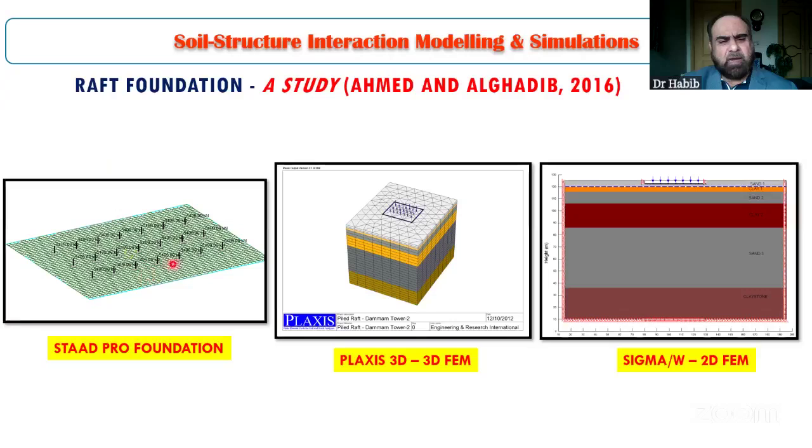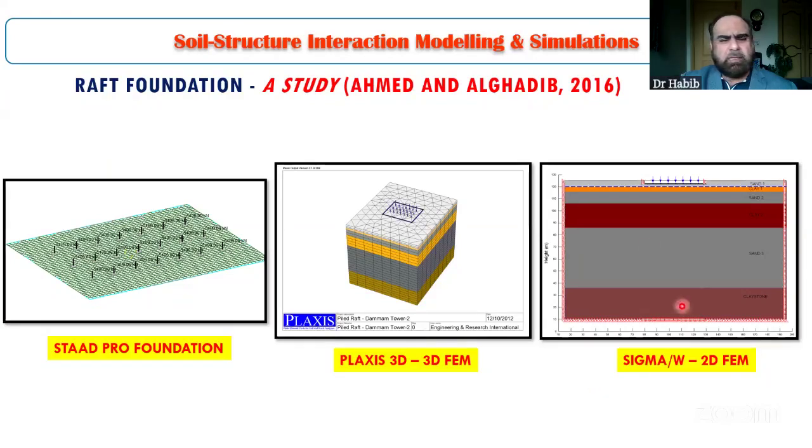One was STAAD Pro Foundation, in which the modulus of subgrade reaction concept is used. Another was a PLAXIS 3D model, which is a 3D finite element method based software, and it can model the real column loading as well. And also a 2D finite element based software, which is Sigma W.